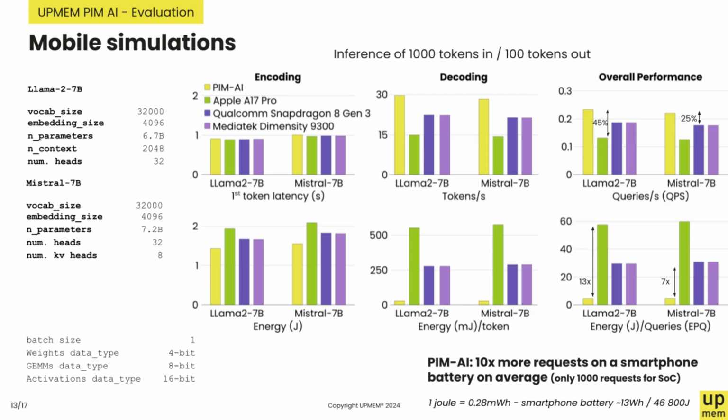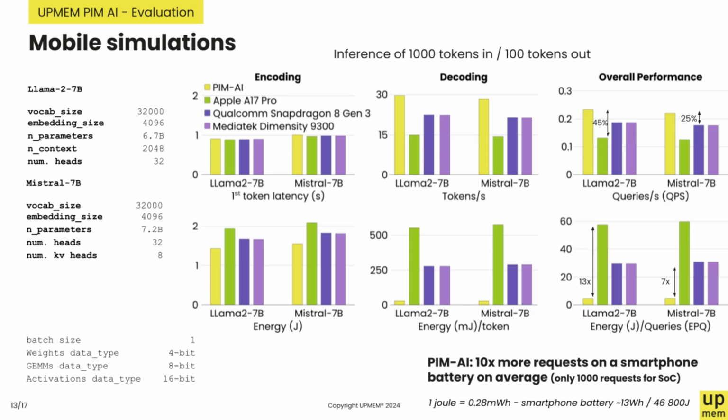On the left plots, we have the encoding phase, and we see that with the ABUMPIMP PIM it takes mostly the same time to achieve the first token, meaning to execute the encoding phase, as the other SoCs. But we have a bit more energy efficiency, because remember that in this phase, teraflops are the most important and not memory.